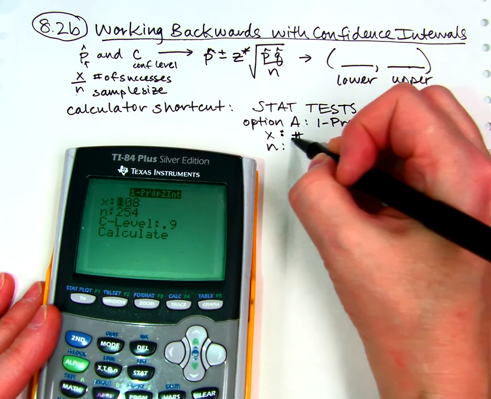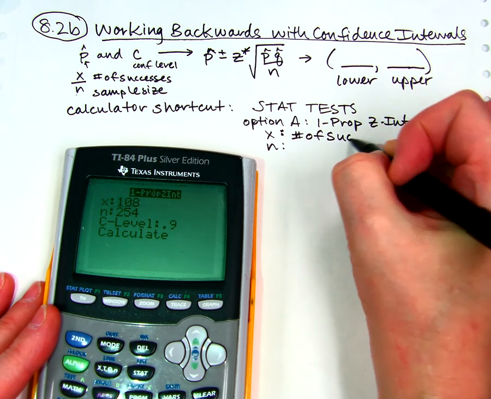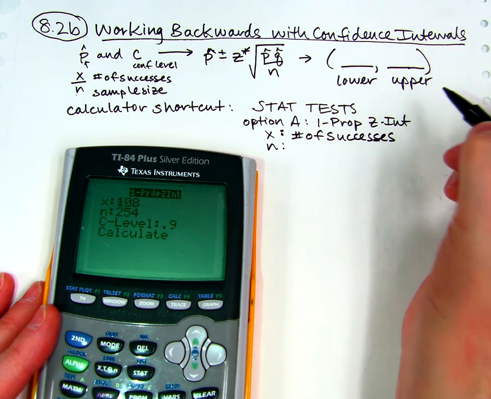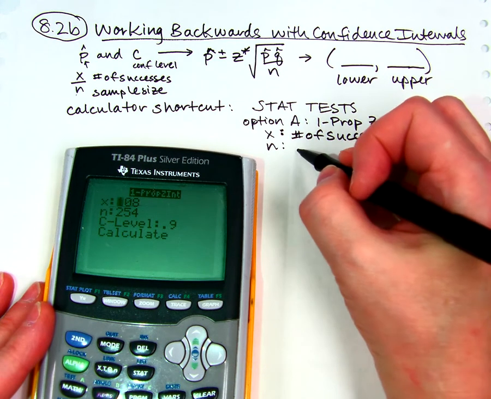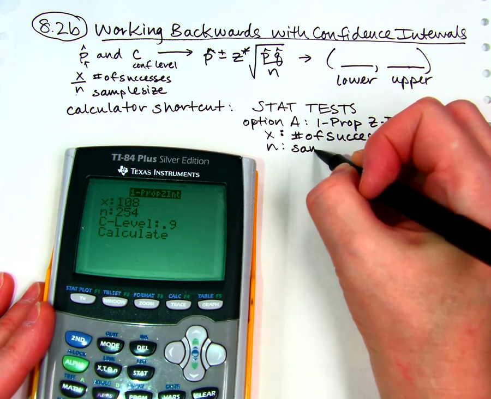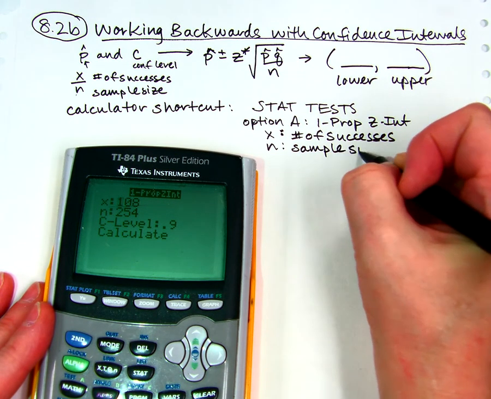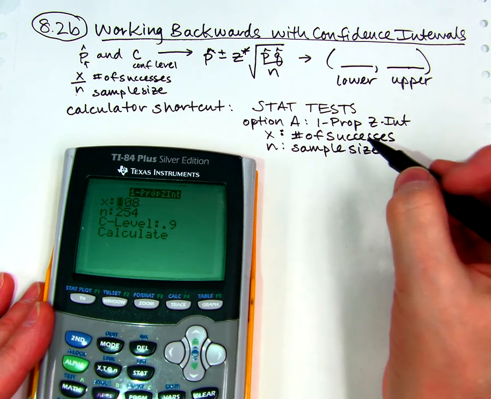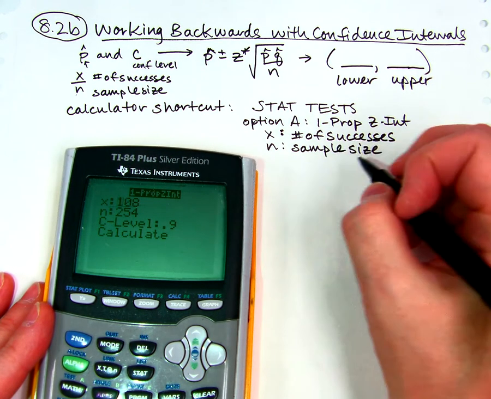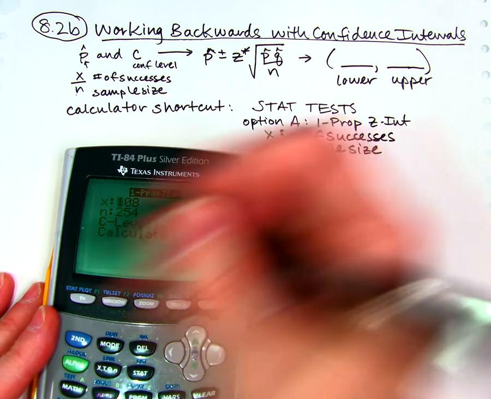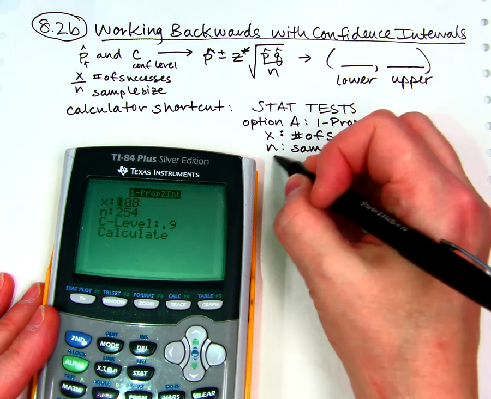It's the number of successes in your sample. N is the sample size. N will always represent the sample size, lowercase n, in this class. We will never use it for anything else. C level is confidence level, and that was 0.9 in the warm-up, and so that's what I put there, but C is the confidence level.